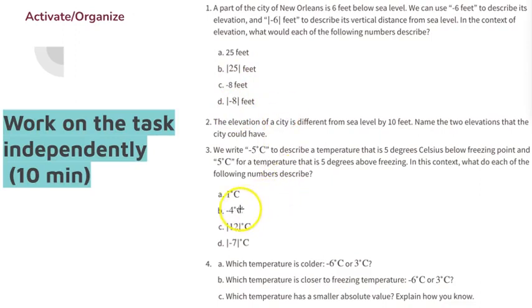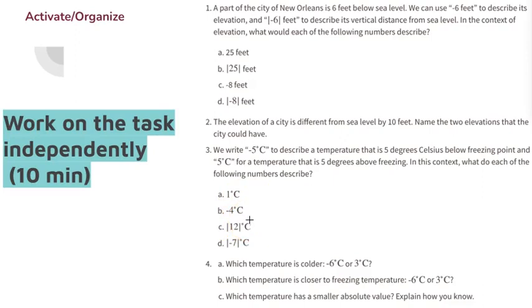All right, let's look at a couple more here before we run out of time. We write -5 degrees Celsius to describe a temperature that is 5 degrees Celsius below freezing point, and 5 degrees Celsius for a temperature that's 5 degrees above freezing. So what are we going to talk about with each of these? Yep, so that 1 degree Celsius is 1 degree above 0. -4 degrees Celsius?